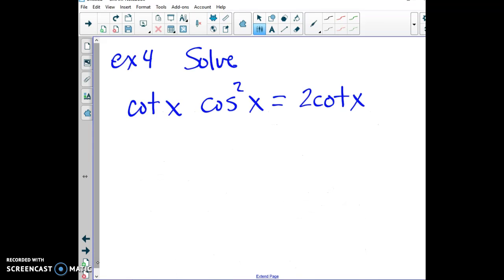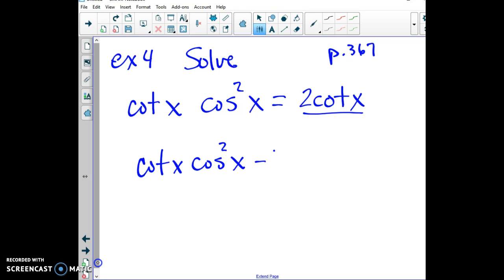And so example 4 at the top of page 367 gives us a hint. If we have trig functions on both sides of the equation, we want to gather them on one side. So they're going to go ahead and subtract 2 cotangent x. So we've got cotangent x cosine squared minus 2 cotangent x, setting that equal to 0.